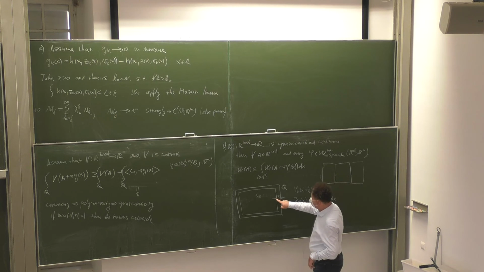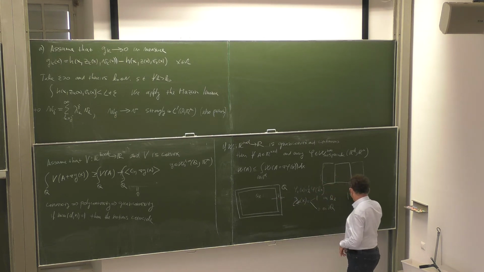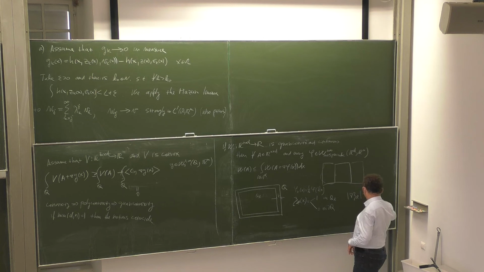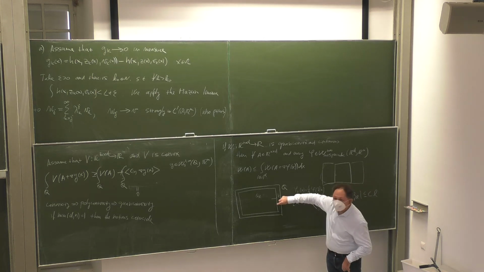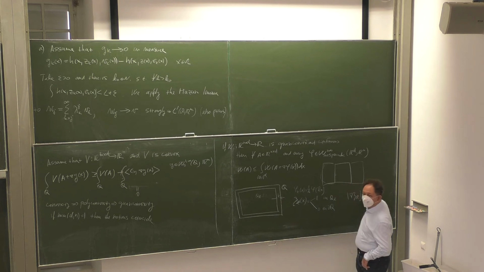So you go from 1 to 0 here. So the gradient of eta L is bounded by some constant times L, because on a piece which is 1 over L, you have to go from 1 to 0. So the gradient grows with L.